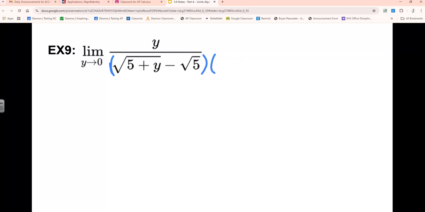So we need to multiply by the conjugate of this stuff. Who can tell me what the conjugate of square root of 5 plus y minus square root of 5 is? We're just changing this minus right here to a plus. So square root of 5 plus y stays the same. We put a plus sign right here, square root of 5 right here.